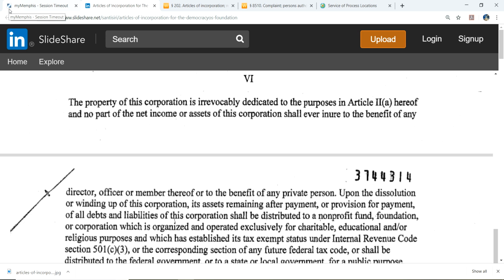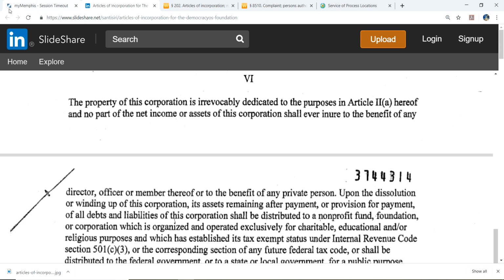Okay, and so in section 6 here, we have the property of this corporation is irrevocably dedicated to the purposes in Article 2A hereof, and no part of the net income or assets of this corporation shall ever inure to the benefit of any director, officer, or member thereof, or to the benefit of any private person. And I'm not sure where this is. This may be under the federal 501(c)(3) code.